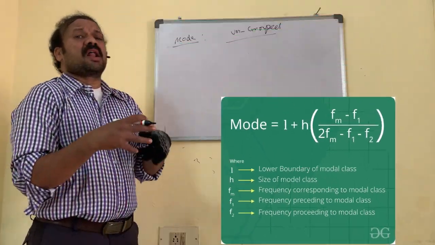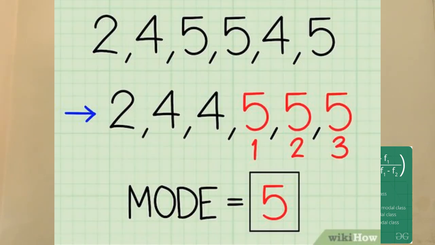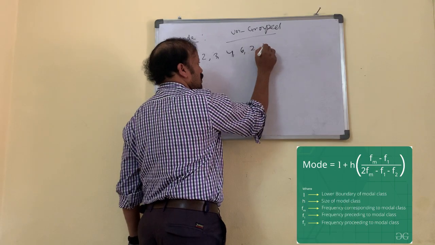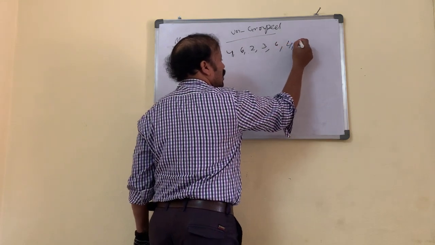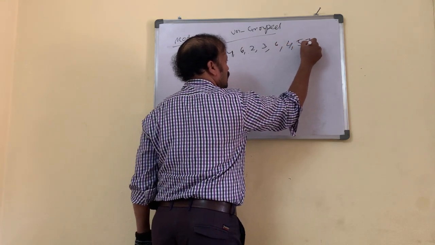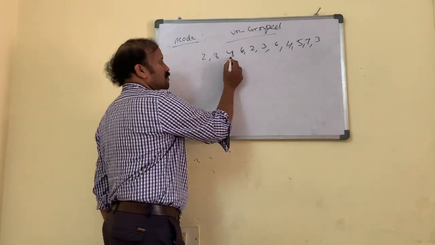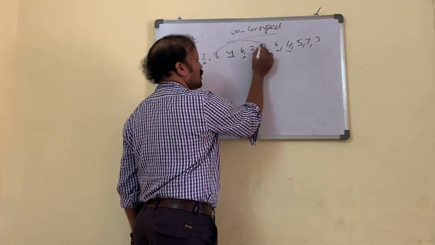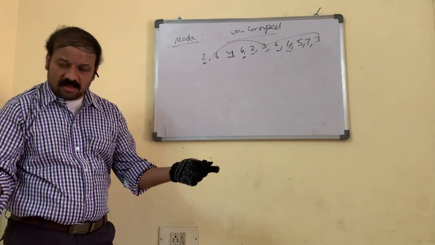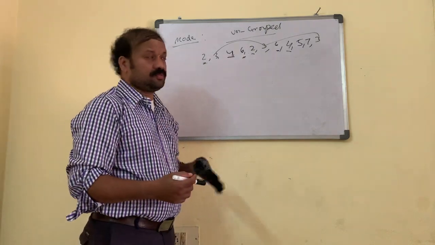For example: 2, 3, 4, 6, 2, 3, 6, 4, 5, 7, 3. Here 6 is 2 times, 4 is 2 times, 2 is also 2 times, but 3 is 3 times. So the mode is 3. Most repeated value is the mode. That is ungrouped.